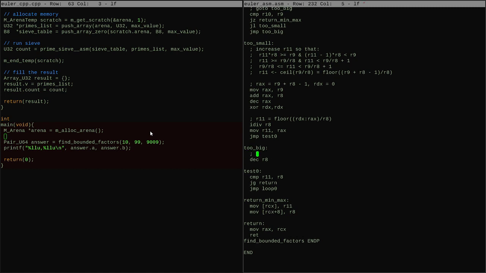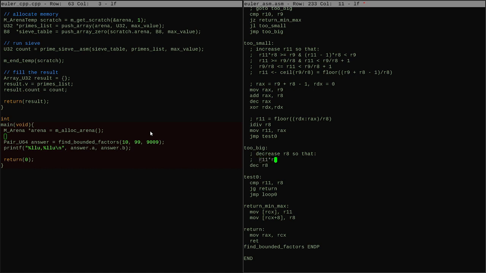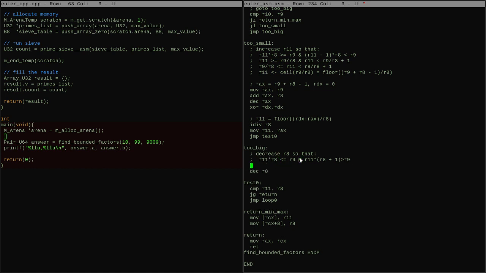We're going to do the same idea on the too big side. Decrease R8 so that R11 times R8 is less than or equal to R9, and R11 times R8 plus 1 is greater than R9. So again, we're shooting R8 down as far as we can to get it into the range where this is true. But now let's rearrange these things to find out how the range is actually laid out.